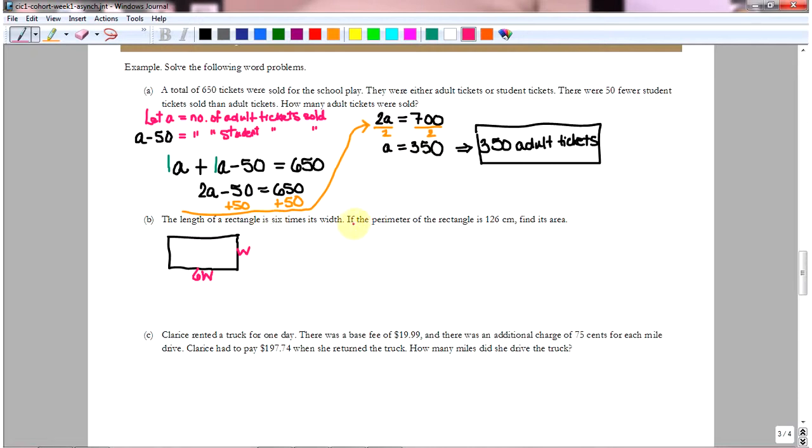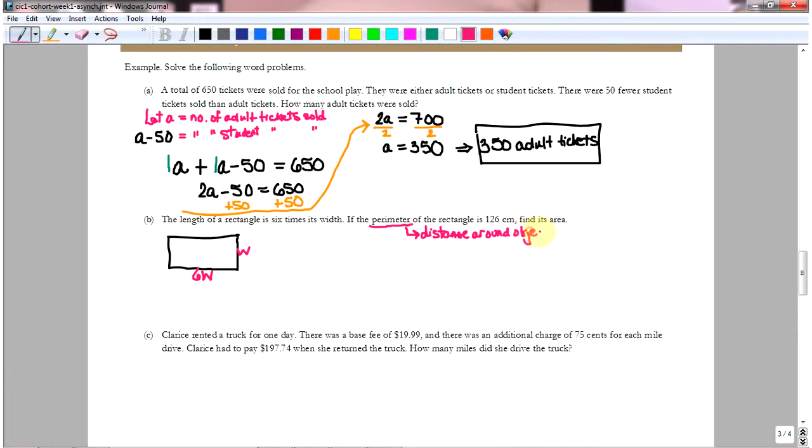Now we need to use the fact that the perimeter of the rectangle is 126 centimeters. The perimeter of any object is just the distance around the object.